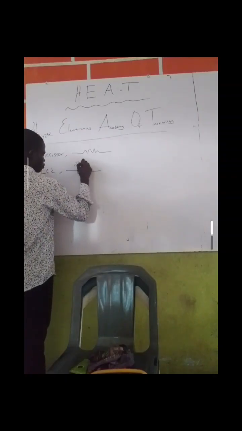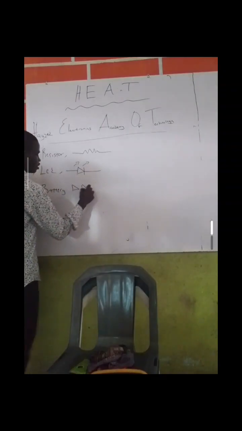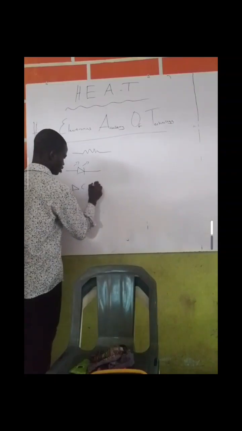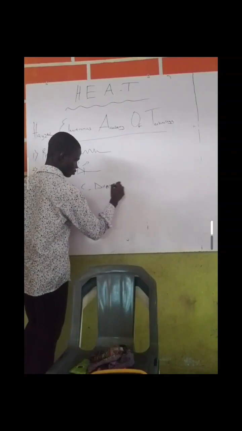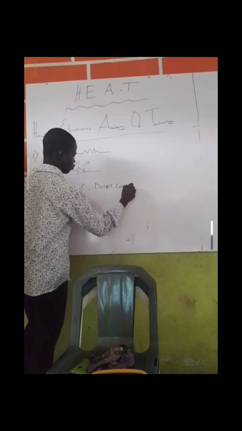Now this is the symbol of a battery, and a battery is DC. When I say DC, that means direct current. This kind of current flows in one direction. We have AC, we have DC. This is the symbol mostly used for a battery.